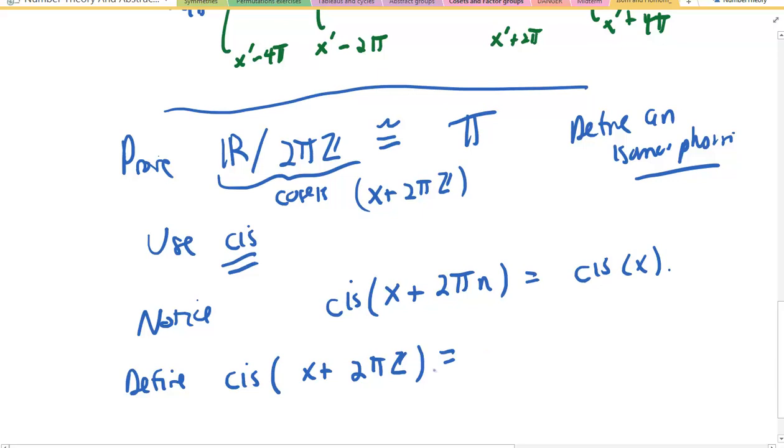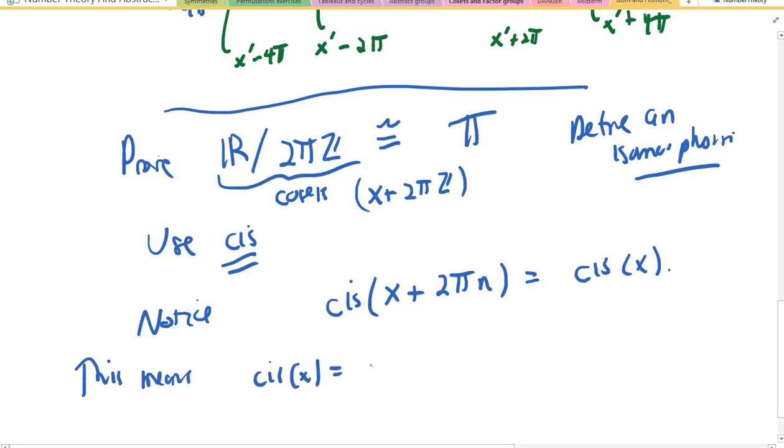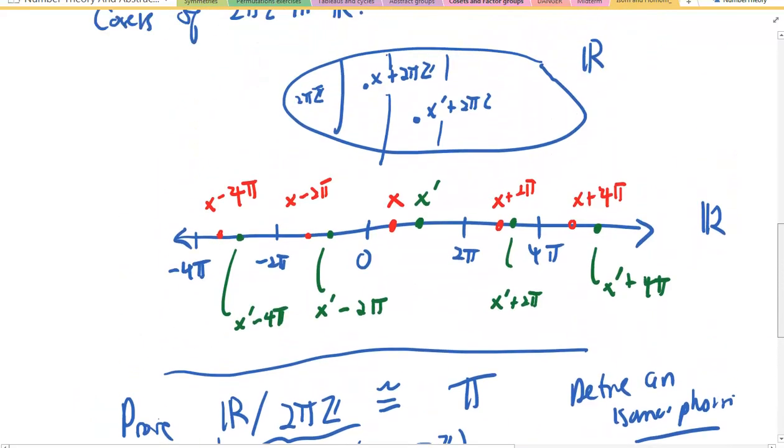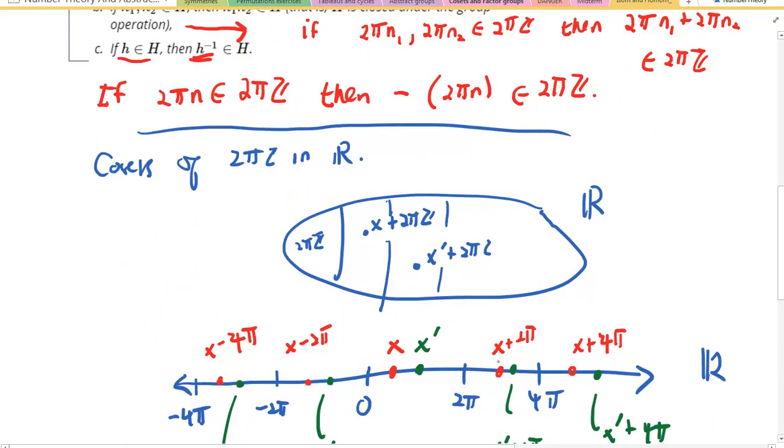Okay, so let me just be a little bit more explicit here. This means that cis of x is equal to cis of x plus 2 pi equals cis of x plus 4 pi equals ... equals cis of x minus 2 pi equals cis of x minus 4 pi equals ... So in fact, cis gives the same value for every point in the coset.